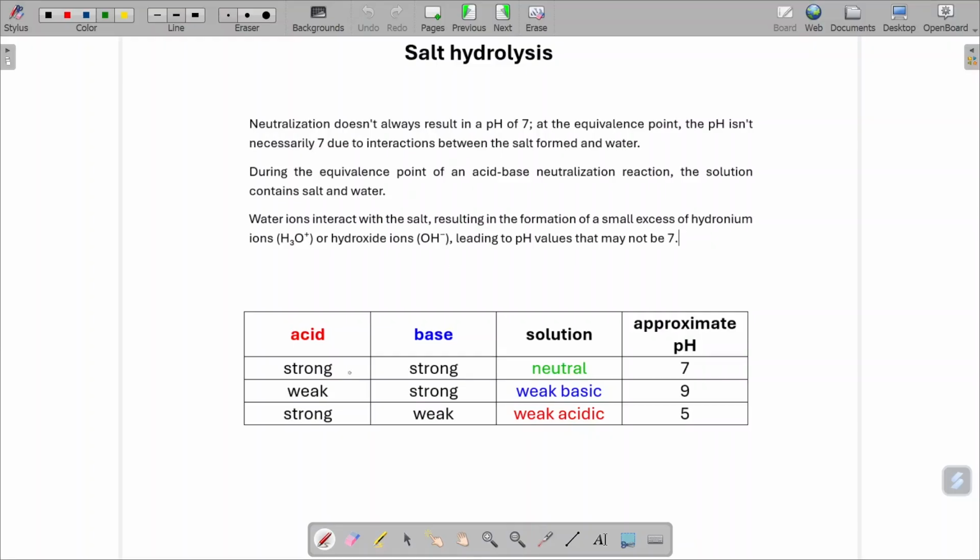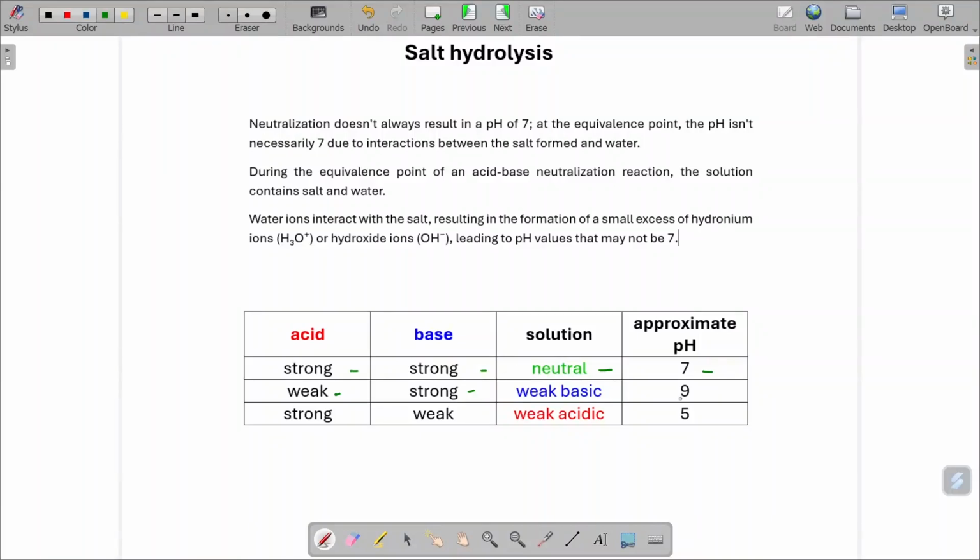If we see this table here, we see that if we react a strong acid with a strong base, the solution in the end with our salt will be neutral with an approximate pH of 7. If we add a weak acid and a strong base, that means that our final solution will be on the basic side, in other words, a pH greater than 7.